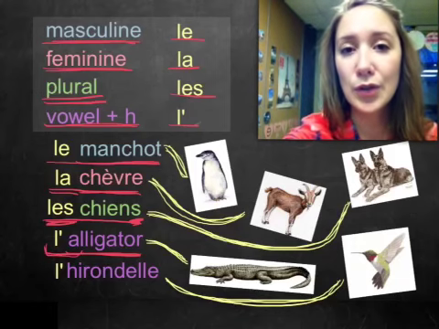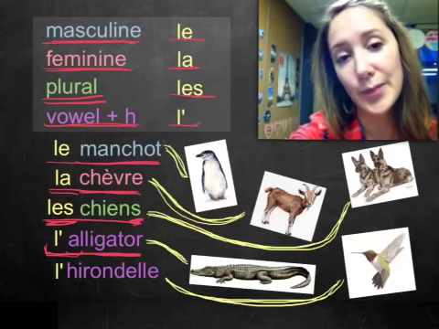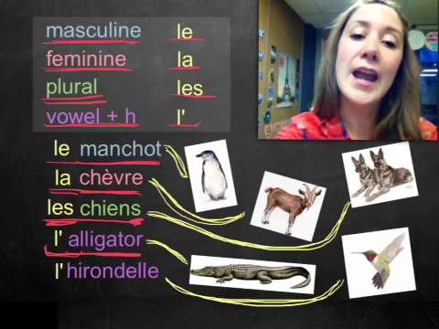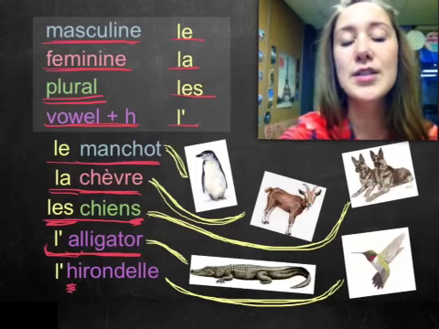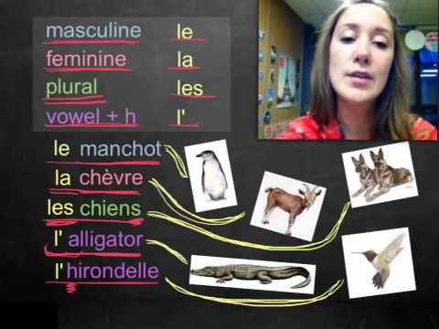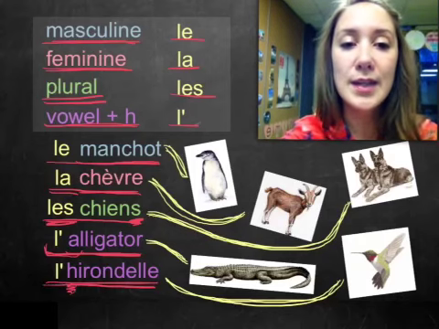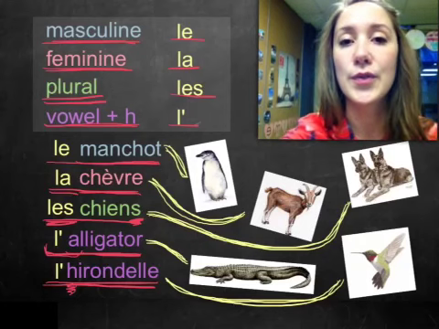They don't want to say le alligator. They want to say l'alligator because it sounds prettier. Similarly, H is silent in French, and so it works the same as a vowel sound. So if I wanted to say the hummingbird, I would say l'hirondelle. Because it begins with an H, I will use l'apostrophe.